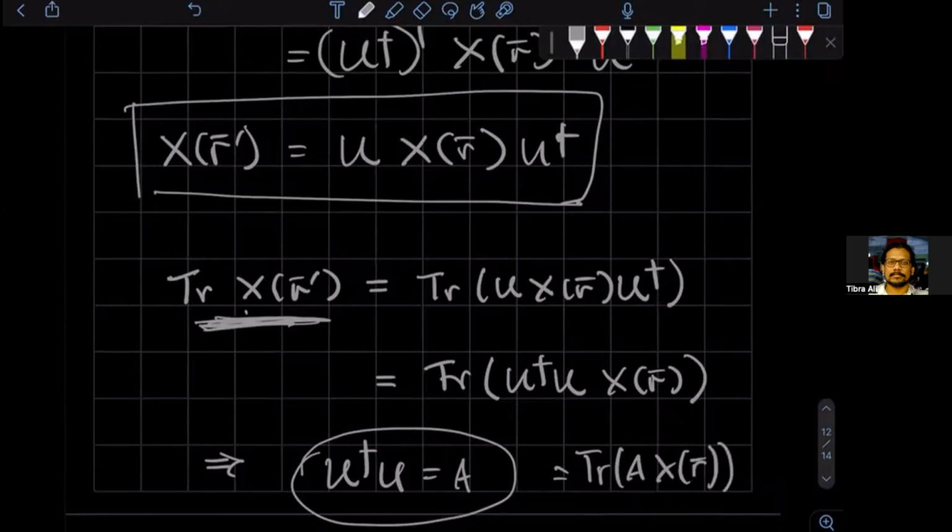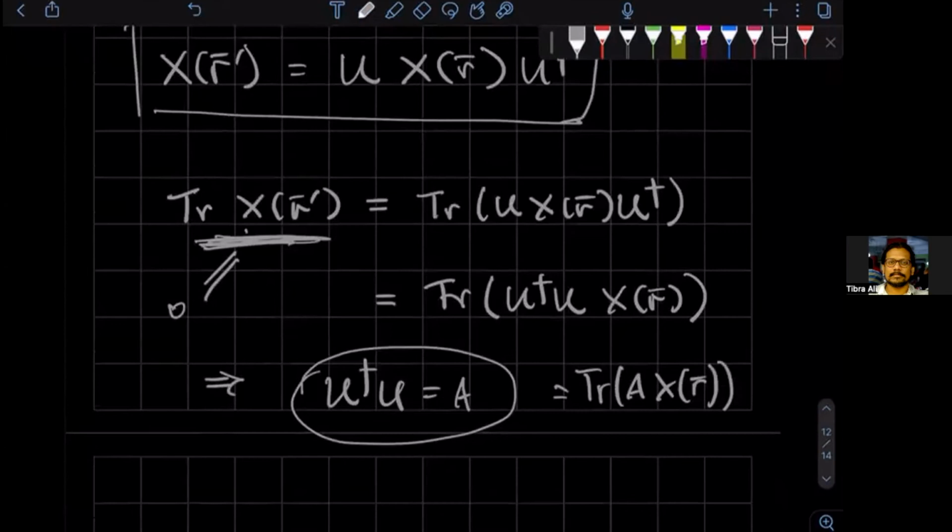But we know that by construction, this thing is 0, traceless. But if A is some other matrix, then it's not going to be guaranteed to be traceless. And we would have a contradiction, okay? Oh, I see.